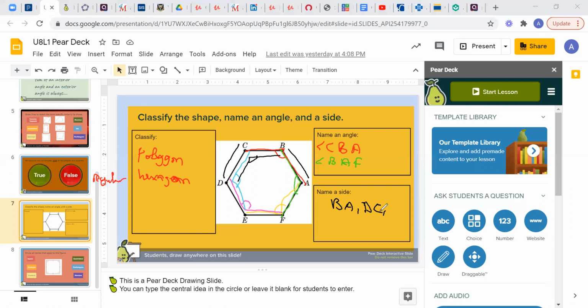EF. Max, can you name a side? CD. Okay, CD, DC is the same.